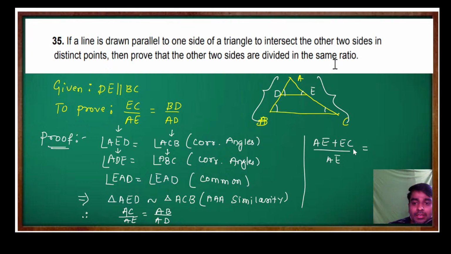Here is AB. AB is AD plus DB, divided by AD as it is. So from here now you just need to write EC by AE, and here what they are asking, DB by AD. That's the proof.